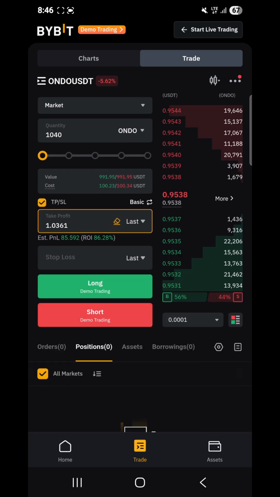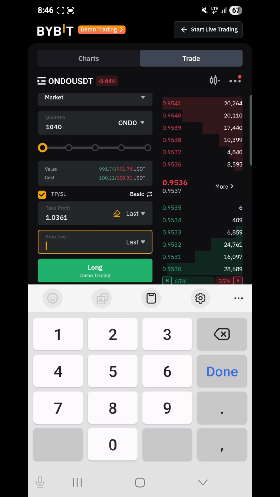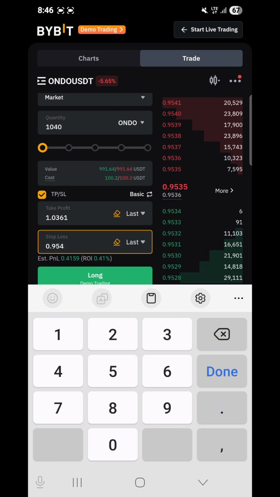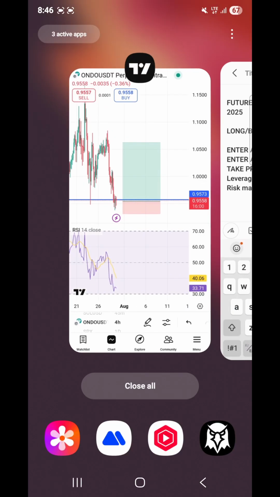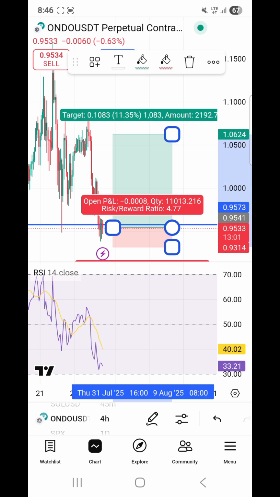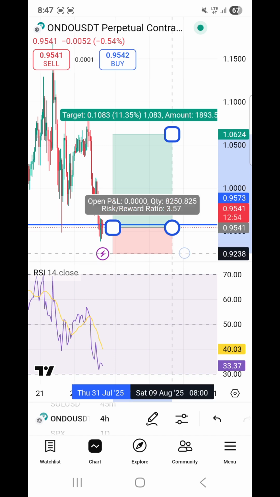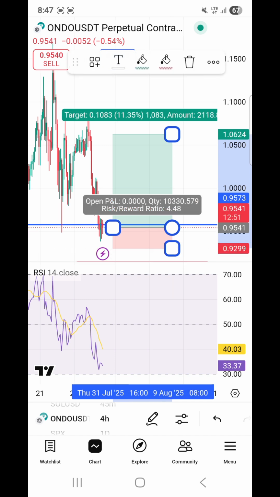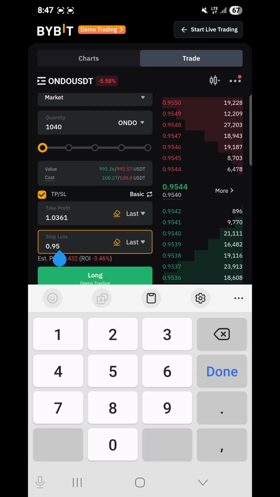And then our stop loss is 0.9541. No, 0.9595. Is it 95? Let me just recheck, please. Apologies for the delay. Is it 95 or 9341? Okay, it's 0.9289.